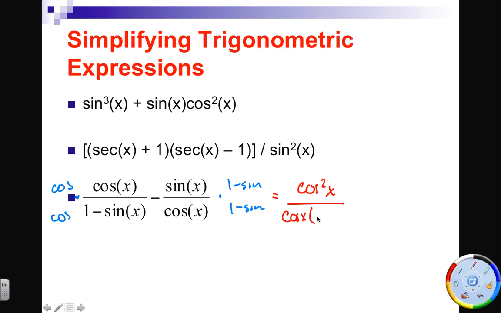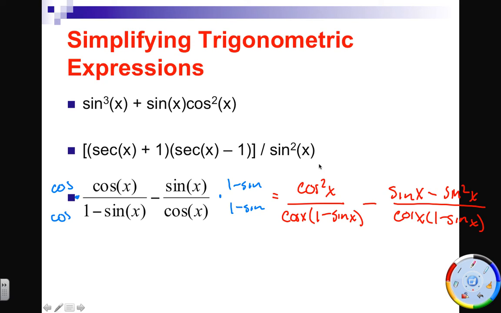And I got cosine times 1 minus sine x, minus, I get sine x times sine x, minus sine squared x, all over cosine x times 1 minus sine x.